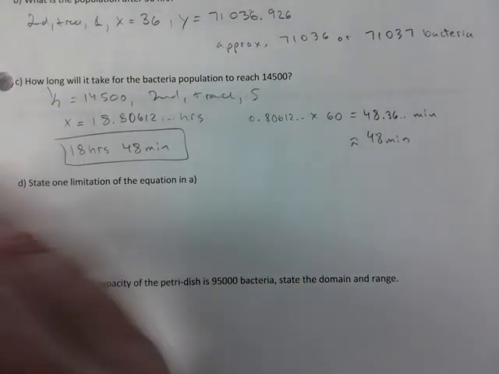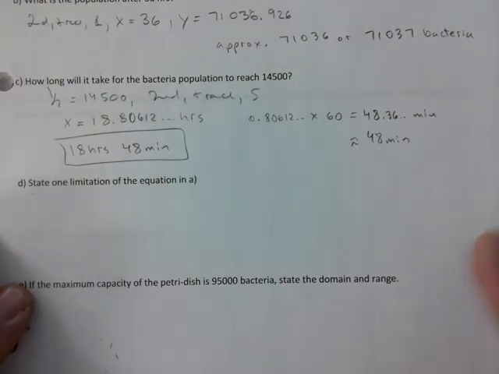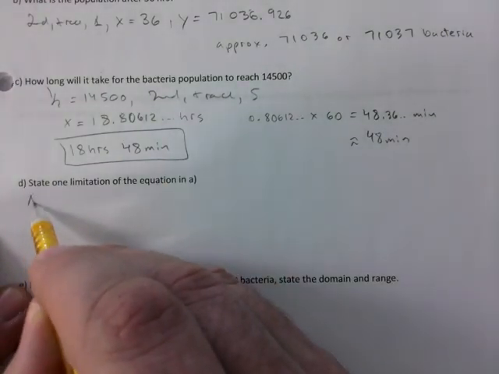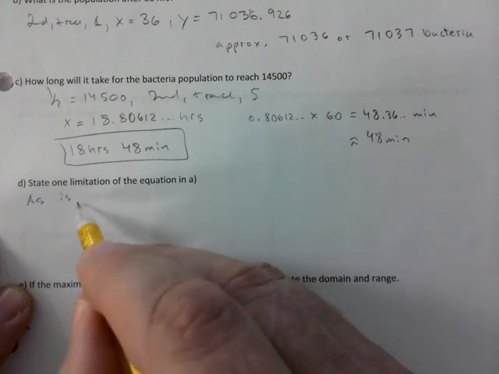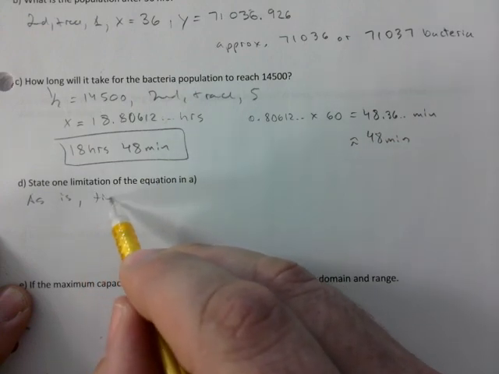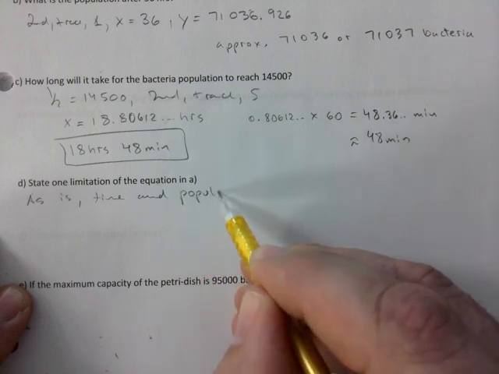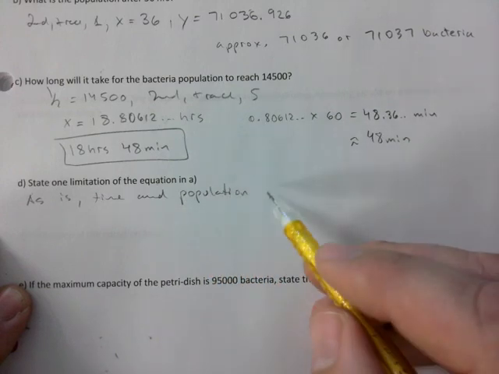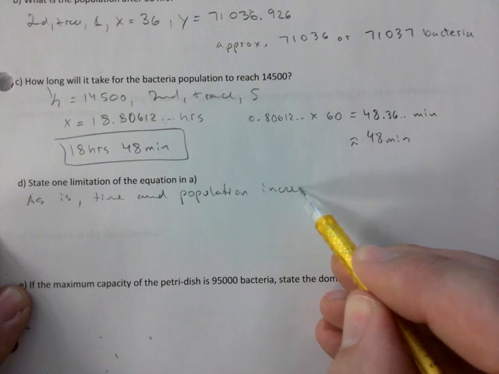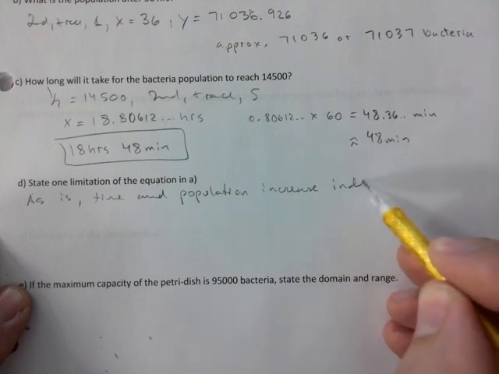State one limitation of the equation in A. As is, time and population increase indefinitely.